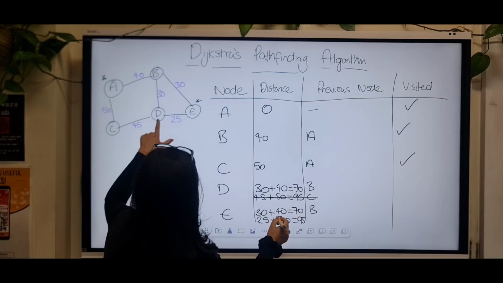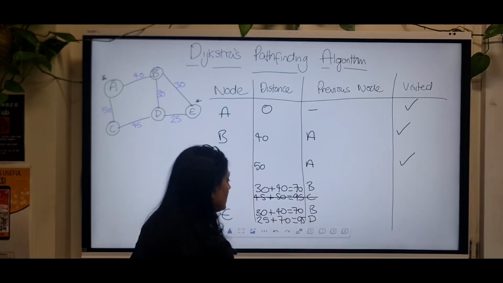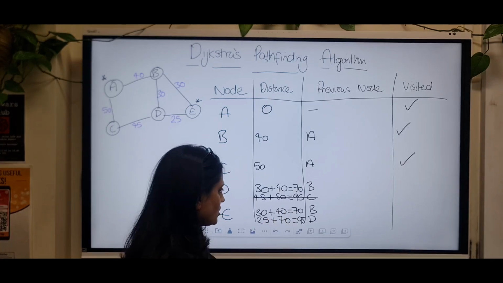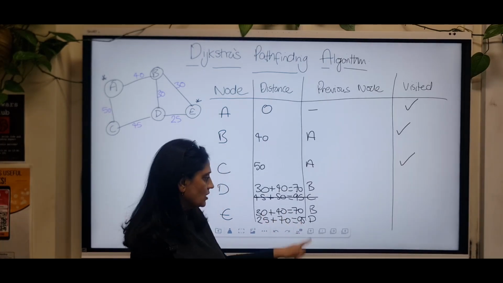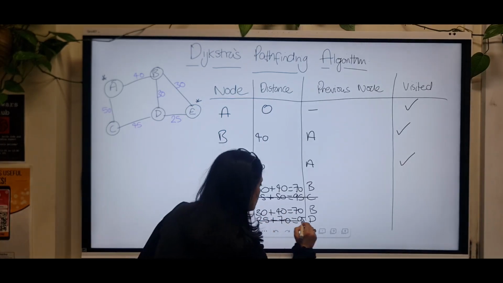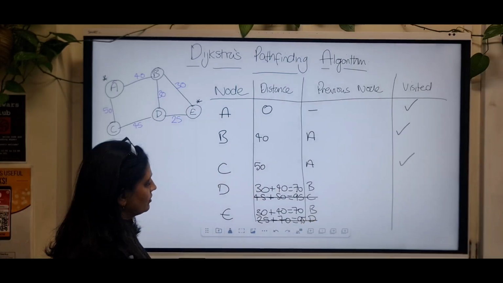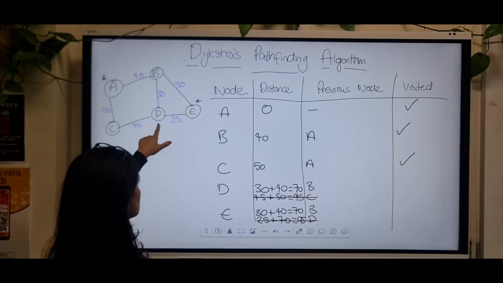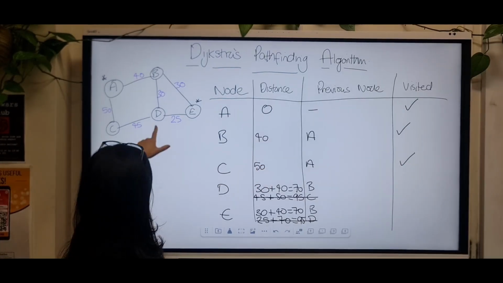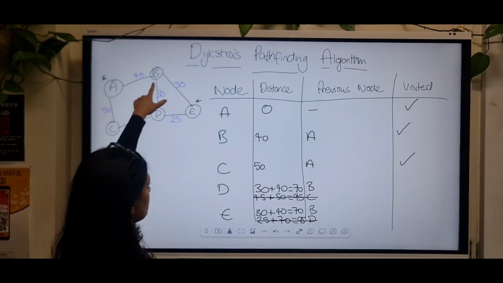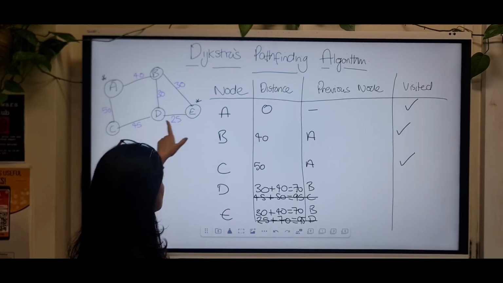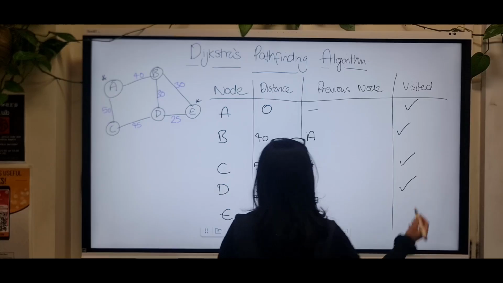And the previous node that we've just come from is D. And again, if we look at this, we can see that we've got a distance of 70 and we've got a distance of 95. We obviously want to go with the shortest path, so we'll put a line through that. And there is no other node that D is connected to that is not visited. B is visited, C is visited, and we've just worked out E, so we can tick that off as visited.